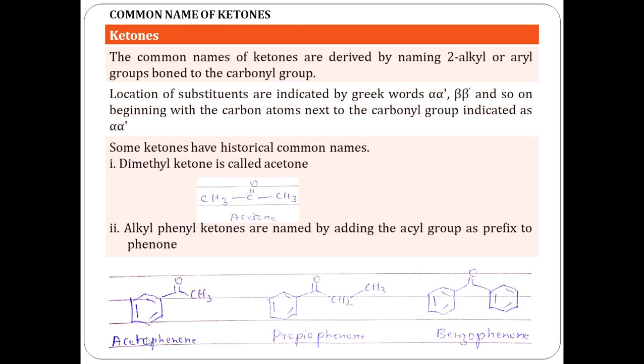Therefore, it is named as acetophenone, and it has 1, 2, 3 carbons, therefore it is propiophenone. Here, benzophenone. This group is named as prefix.